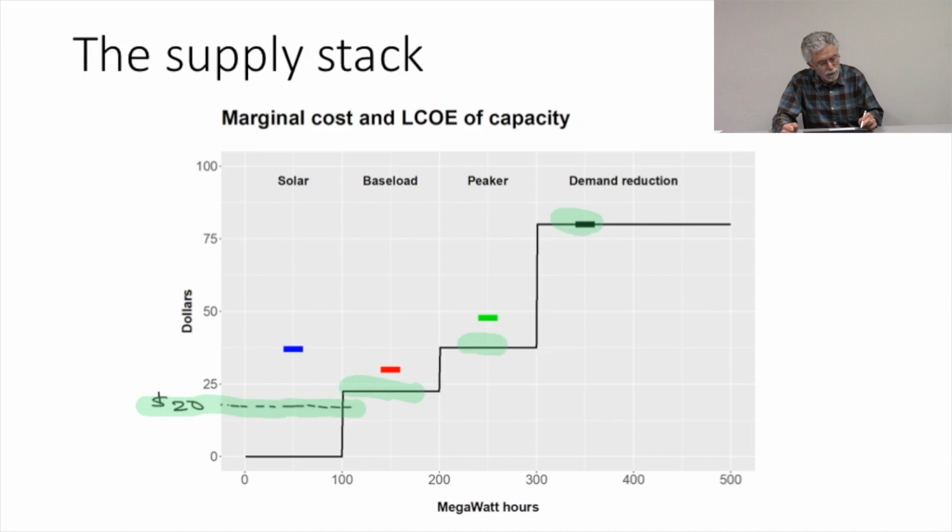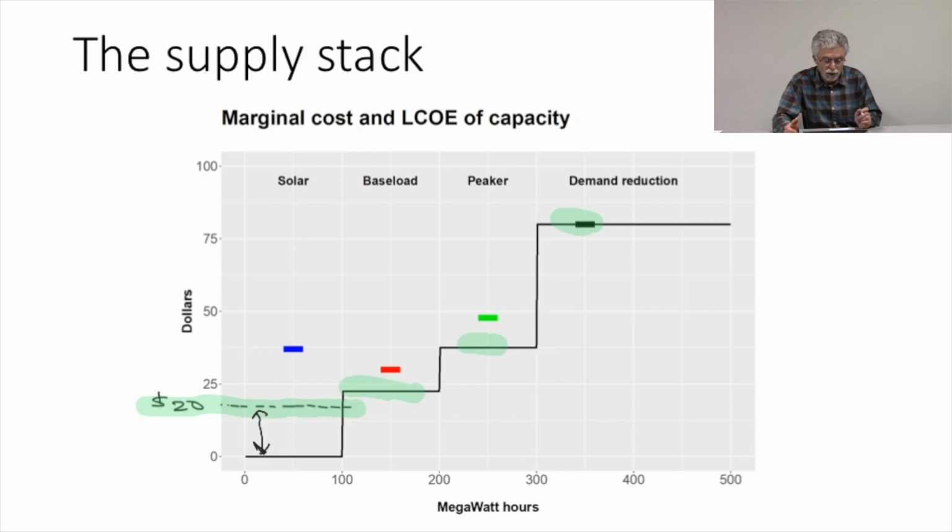Well, you would run solar, because for those 100 megawatt hours, your existing solar plant in your portfolio costs you zero variable cost to run, but it's going to make you $20 a megawatt hour.